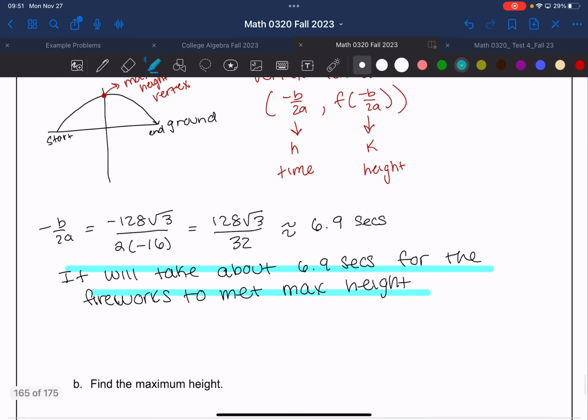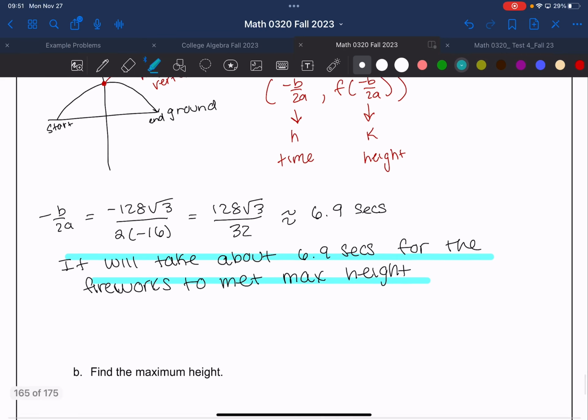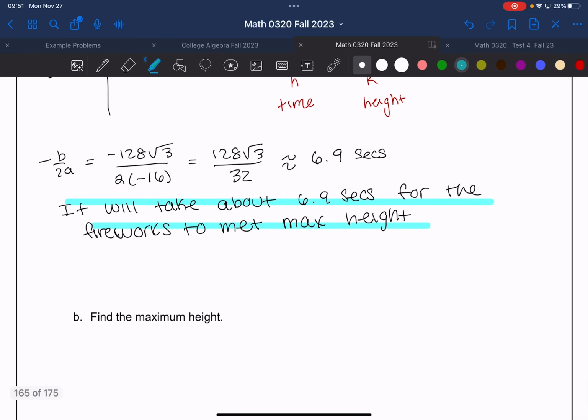Then in part B, it wants that maximum height. So it wanted the time for the first one. How long would it take? So we used the first part of the vertex formula. And now in order to find the maximum height, what are we going to do with that 6.9? Good, plug it into the original equation.